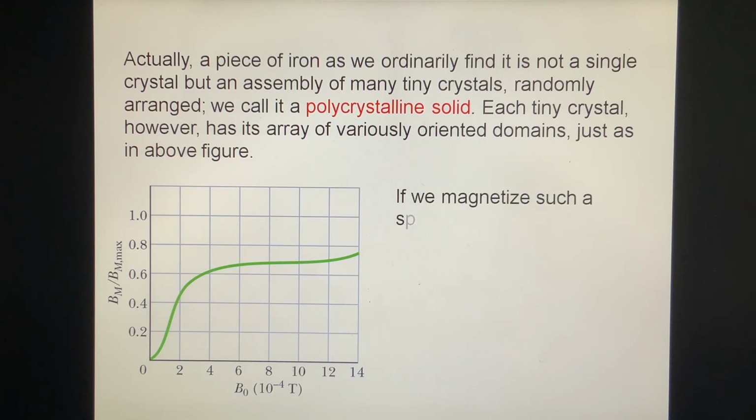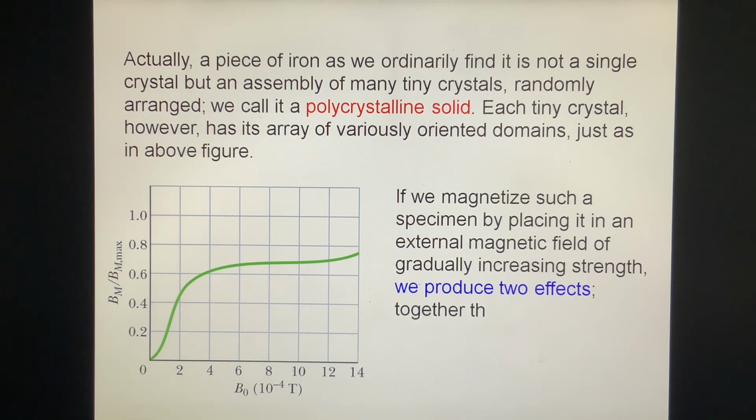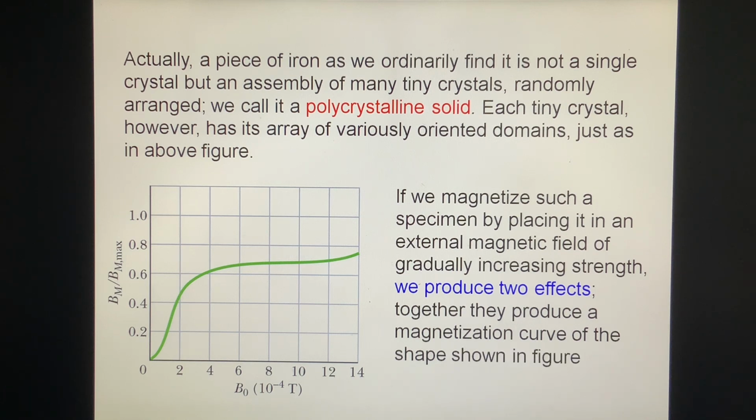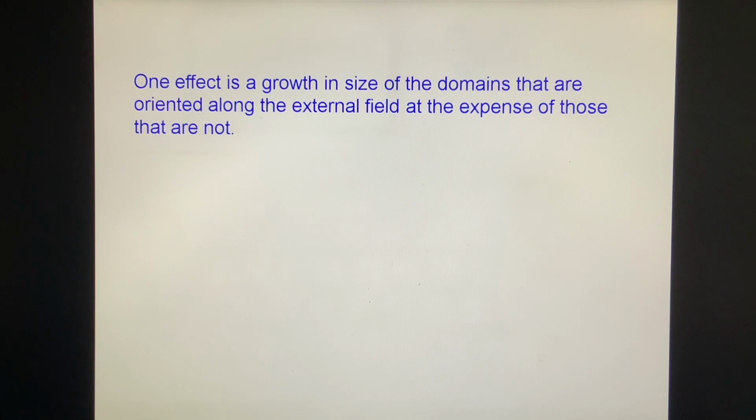If we magnetize such a specimen by placing it in an external magnetic field of gradually increasing strength, we produce two effects. Together, they produce a magnetization curve of the shape shown in the figure. This is B0, this is B_M over B_M maximum. One effect is a growth in size of the domains that are oriented along the external field at the expense of those that are not.